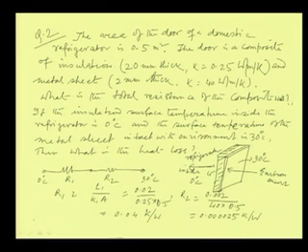Then the current, Q dot X, will be equal to the total temperature difference, 30, divided by R1 plus R2. By this we can get the value of the heat loss in watt.